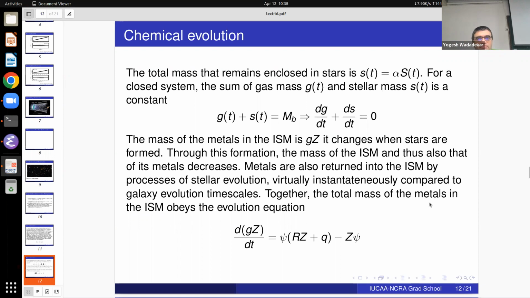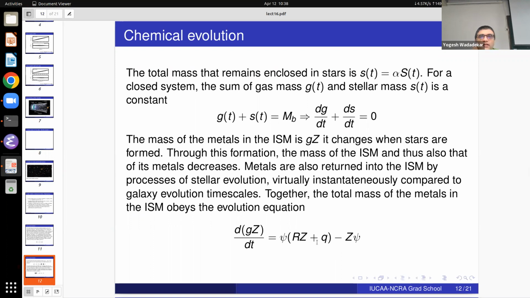Together, the total mass of the metals in the ISM obeys the evolution equation, which is the rate of change of the total mass in metals, which depends on the star formation rate, the return fraction, the metallicity, and also this yield.